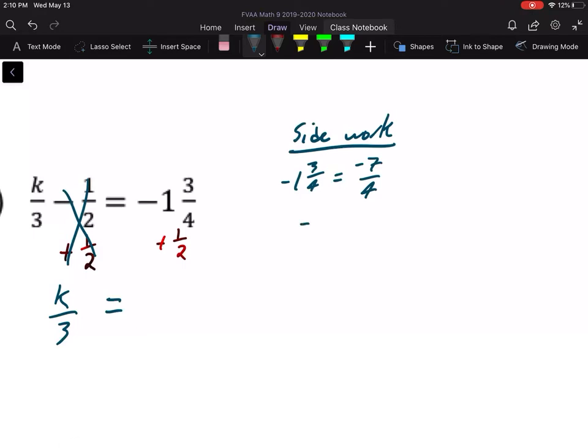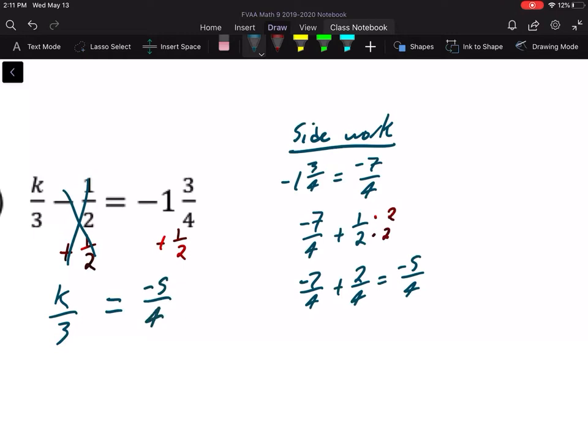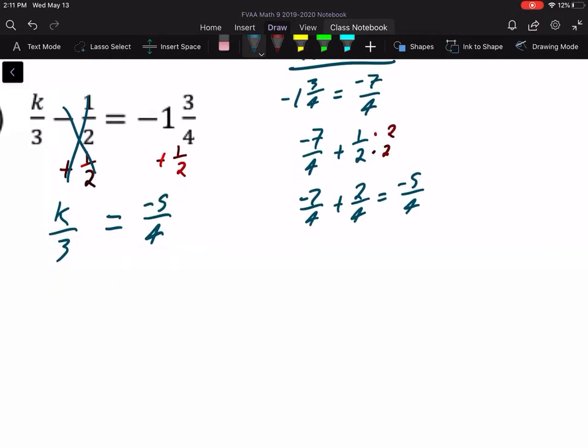And then I'm going to do negative 7 over 4 plus 1/2. So here, common denominator, I need to multiply 2 on the top and bottom. That's going to give me negative 7 over 4 plus 2 over 4, which is equal to negative 5 over 4. So that's what I get over here, negative 5 over 4, all in that side work.